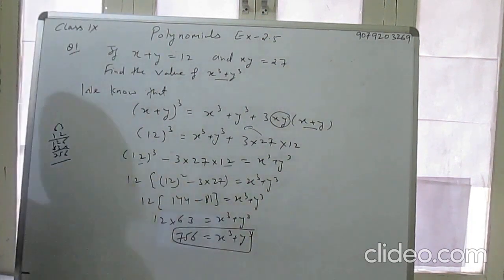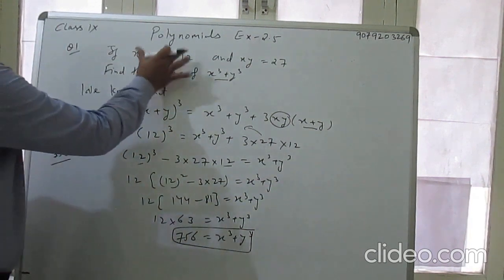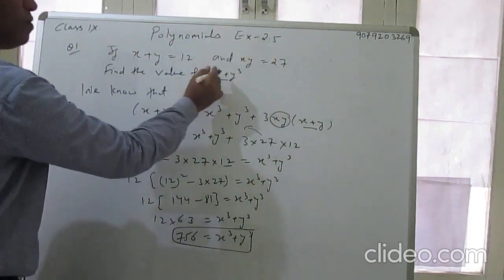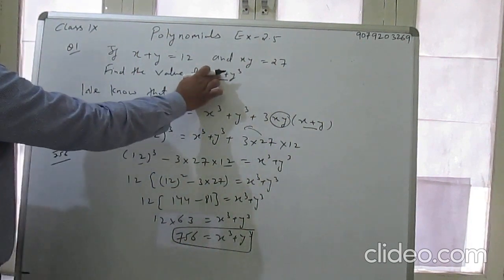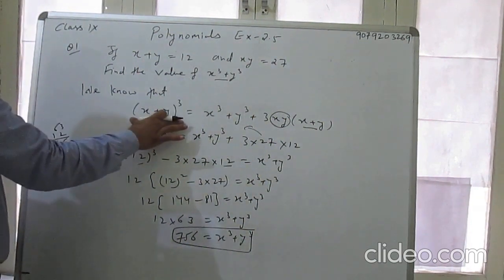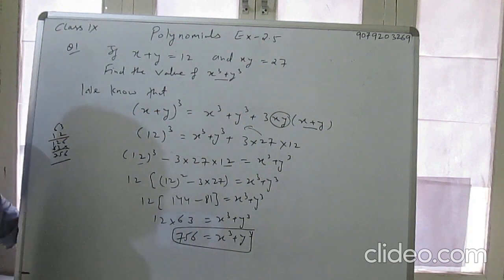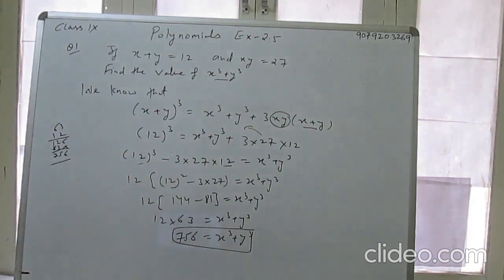This is the answer. Very easy. x plus y is given, xy is given, and we need x cube plus y cube. Here we can see it is cube, so we will apply the identity of cube and putting the values you can find the answer.